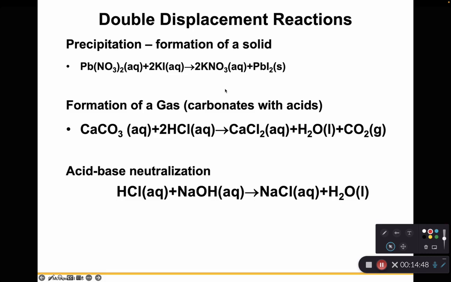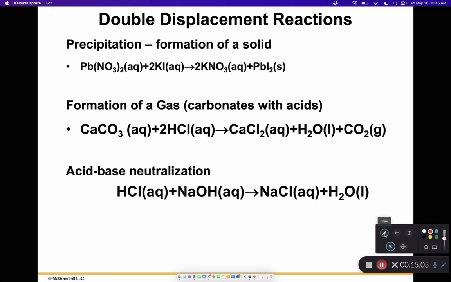Double displacement reactions can be of a couple of different types. So we are looking here at three different types of double displacement reaction. One of them is precipitation. This is a double displacement reaction that results in formation of an insoluble product, a solid.